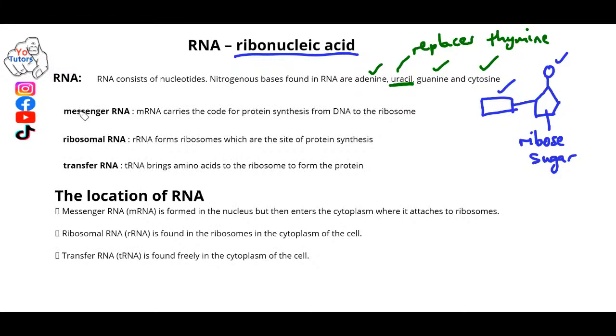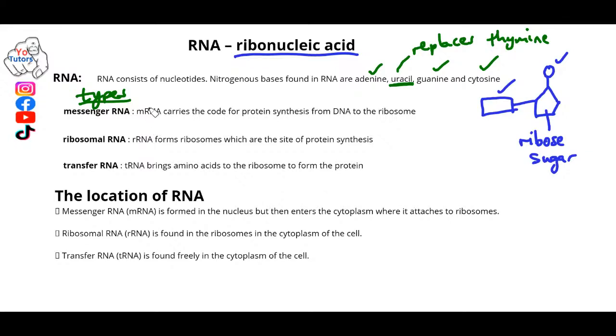Okay. Now let's move on to understand the types of RNA. It's unique now because we have got 3 types of RNA here. The first one is the messenger RNA. And this is the one that you see during DNA transcription, the process of protein synthesis.